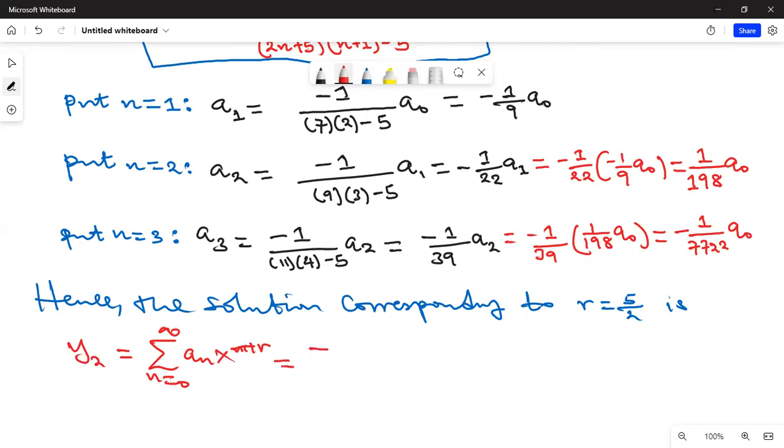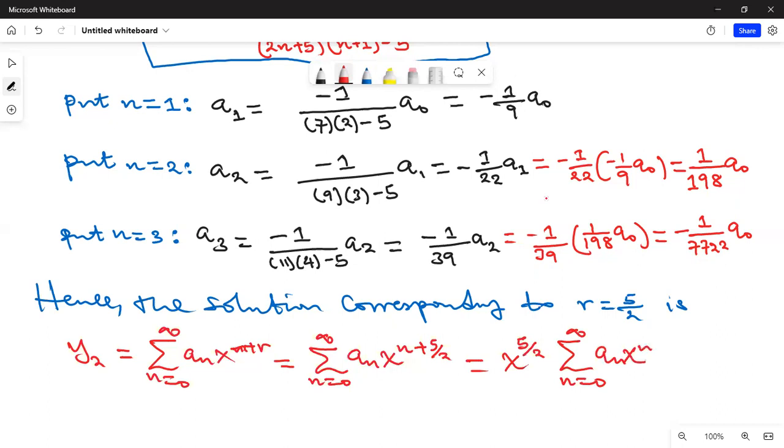So this can be written as the sum from n is equals to 0 to infinity an times x raised to n plus 5 over 2, which you can as well write as x raised to 5 over 2 times the sum from n is 0 to infinity an x raised to n.